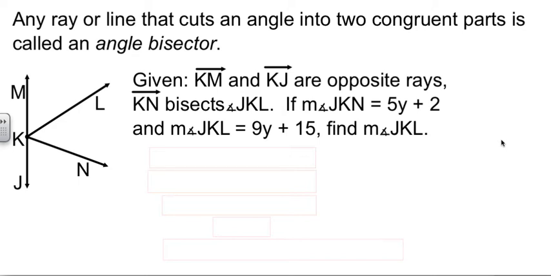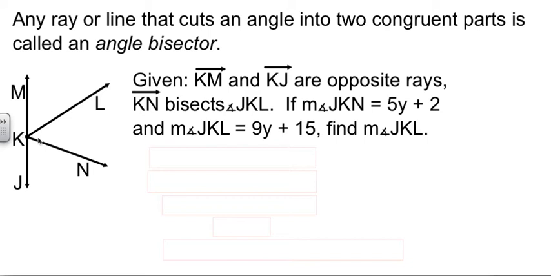And then similar to when we talked about segment bisectors as being something that cuts the segment in half, an angle bisector is something that cuts an angle into two equal parts. So they're going to give us some information here. We've got this beautiful picture. KM and KJ are opposite rays, which makes that a straight line.